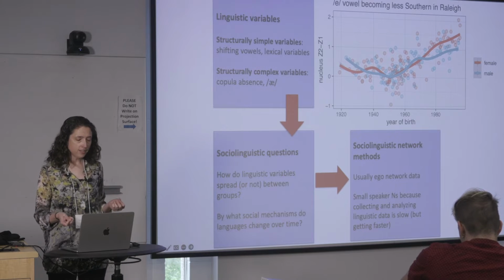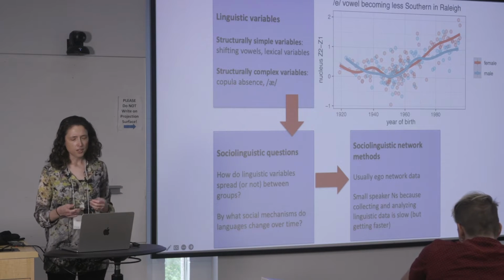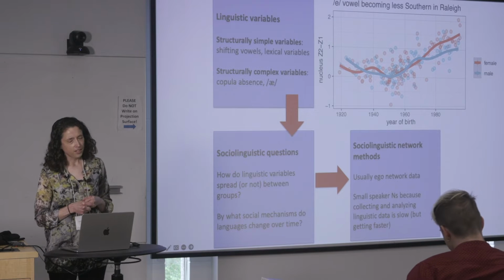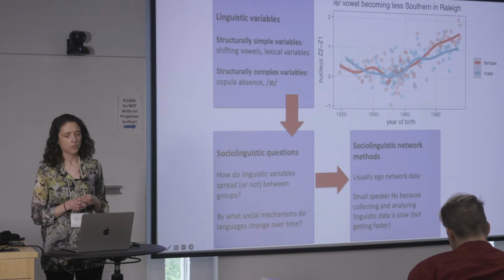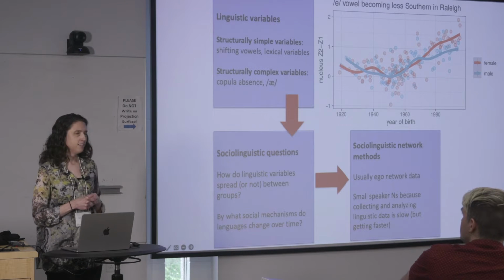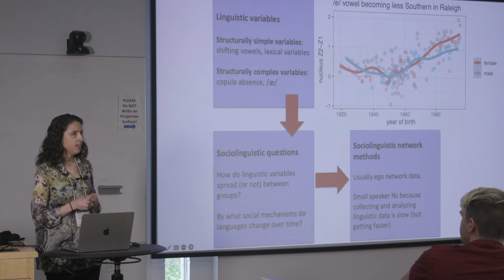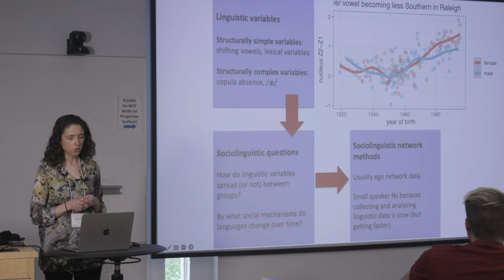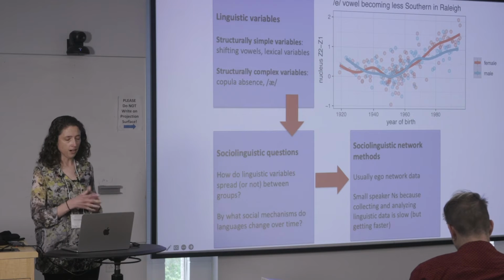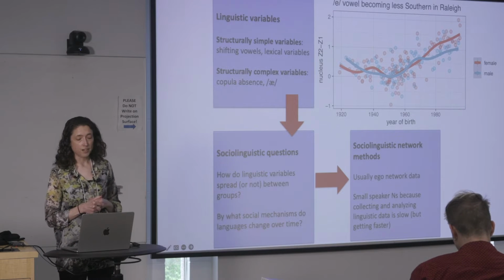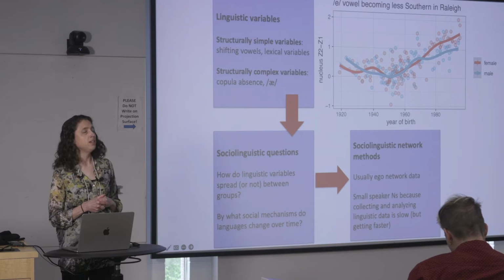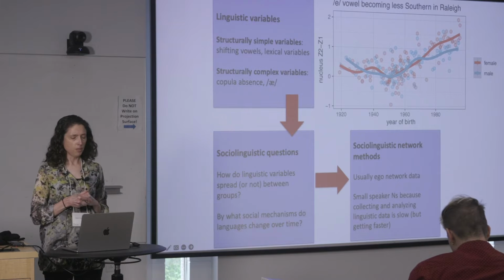So to give you an idea, the graph that you see here is the white speakers from the Raleigh corpus that I've been collecting since 2008, and that is about 200 white speakers, and that is all of them that are just up and running right now. This version of the data finished running on Monday morning, and then I came here.